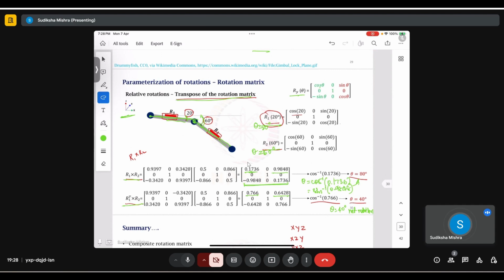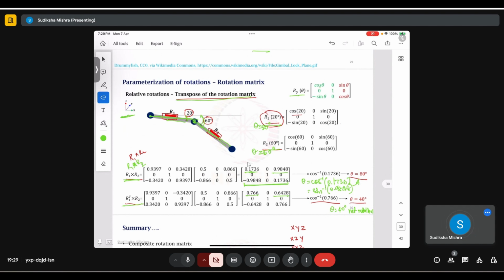To compute the sum of these two angles, you can multiply the rotation matrix R1 with the rotation matrix R2.